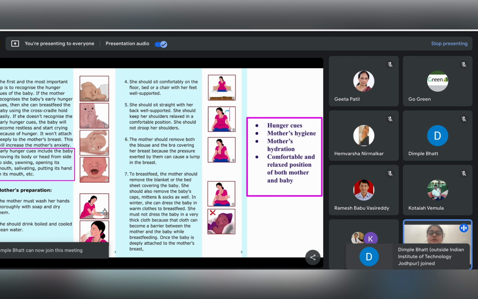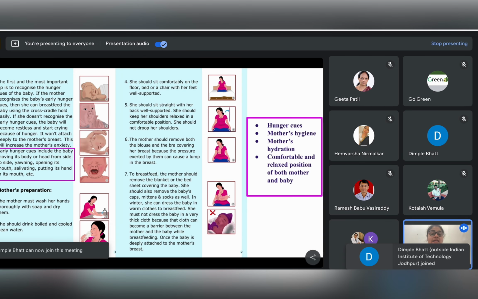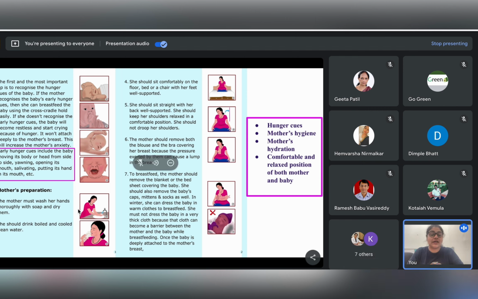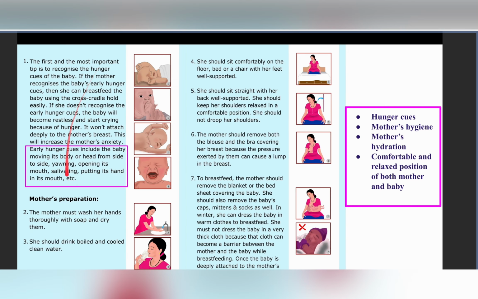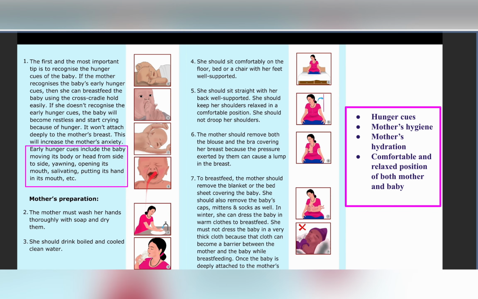The mother should always wash her hands properly before breastfeeding, and she should also be made to remember that it should be a routine that she keeps herself hydrated, right? So mother's hygiene and mother's hydration are also very important in the breastfeeding routine.